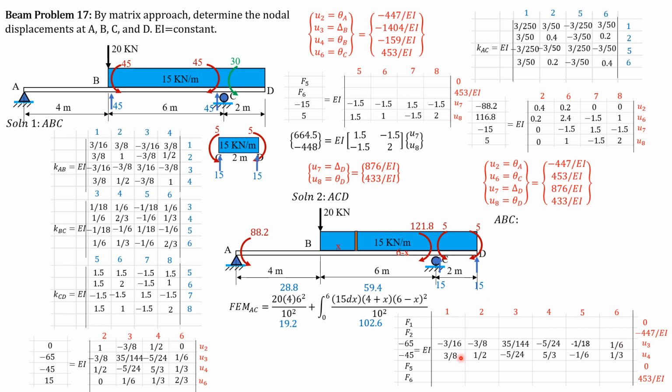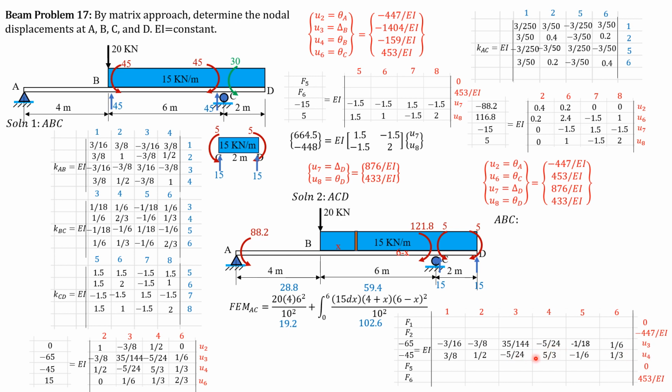So then we have 4, 1, sorry, 3 eighths. 4, 2 is 1 half, so 1 half. 4, 3, we have negative 3 eighths here, and 1 6, so that's why negative 5 over 24, just like 3, 4.